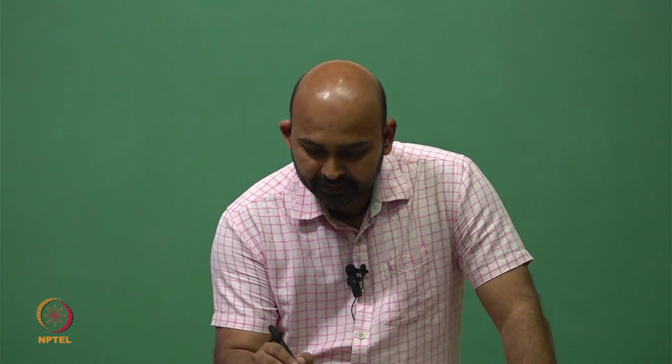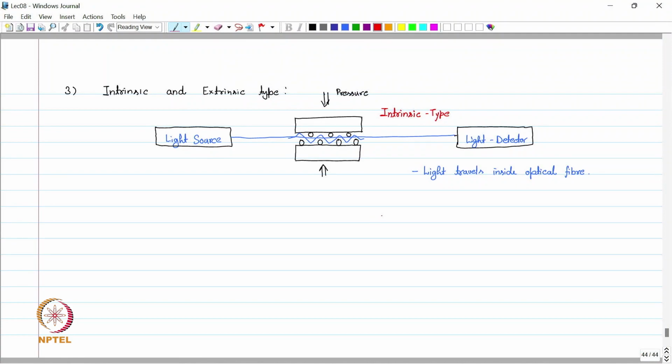So in the extrinsic type, we have this light source, which generates the optical wave, and this goes on an optical fiber.